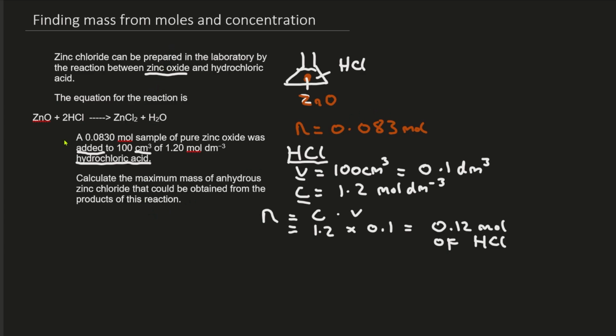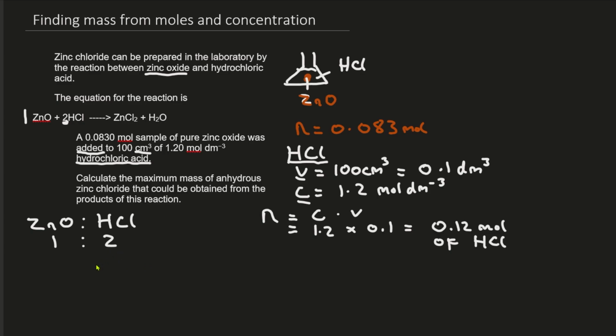We know that from the balanced equation we have 1 zinc oxide reacting with 2 hydrochloric acid molecules. So there's a 1:2 ratio. So ZnO to HCl is 1:2.